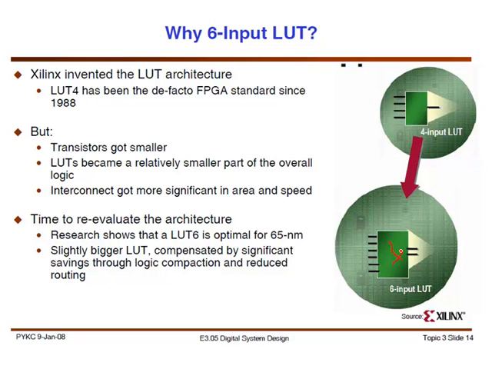And if you think about the trend in the technology and the fabrication, what happened was that your transistors got smaller, so that meant that your LUTs became a relatively smaller part of the overall logic, and interconnect started to dominate. So if you have a small amount of logic being computed inside a 4 lookup table, and you need to go through a large interconnect network which has high capacitance and high delay to get to another 4 lookup table, then it becomes less and less appealing.